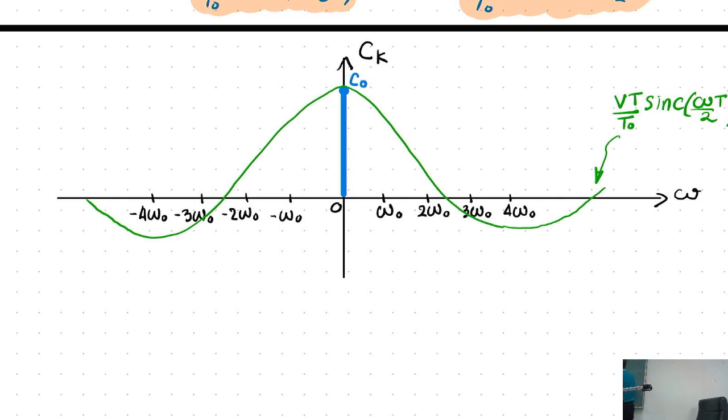So that when you plug in omega as k omega 0, it will give you this value. This is for all omega here, right?